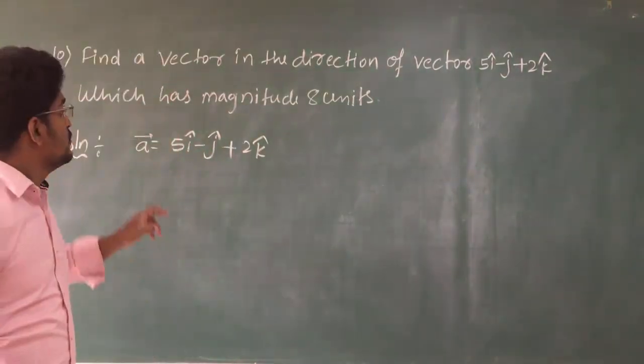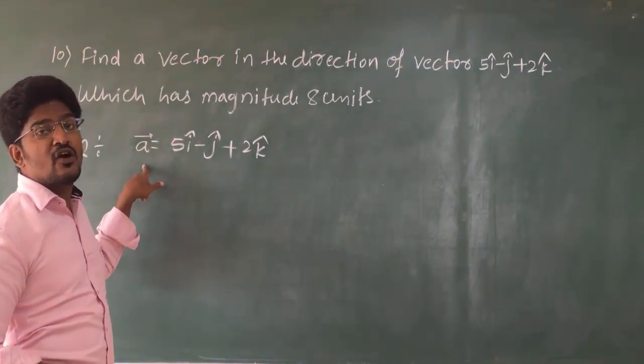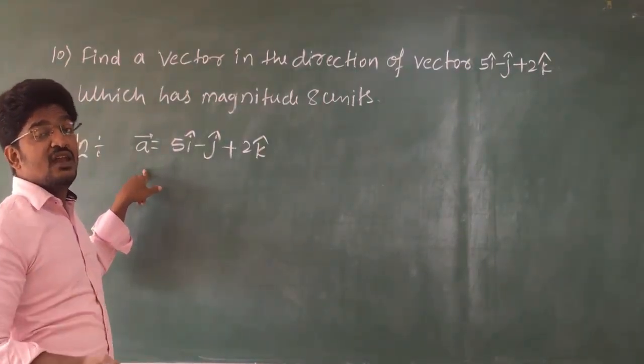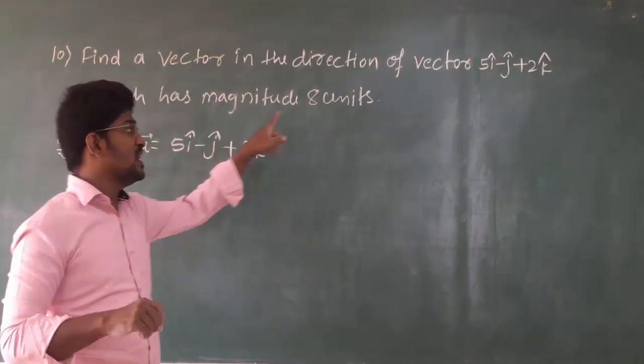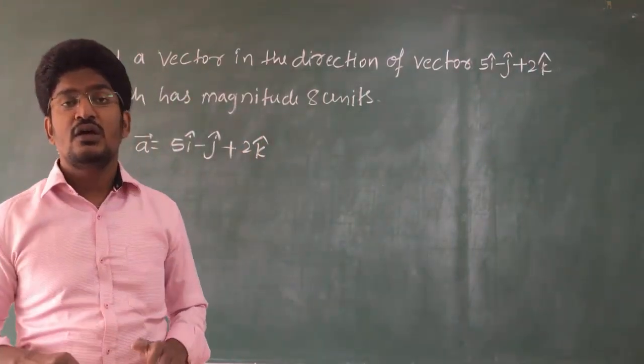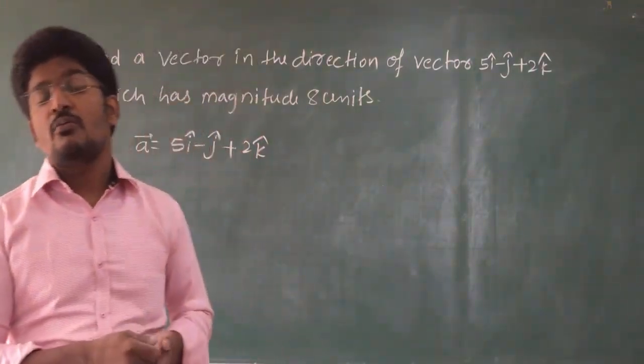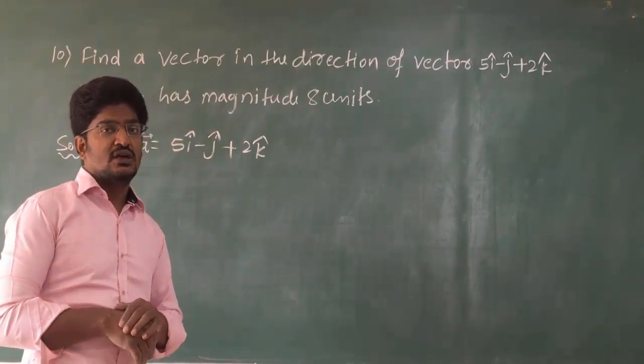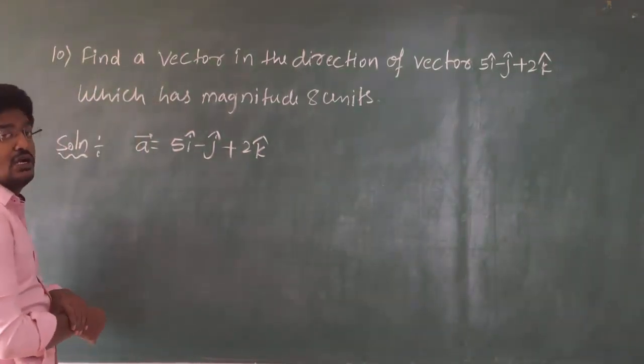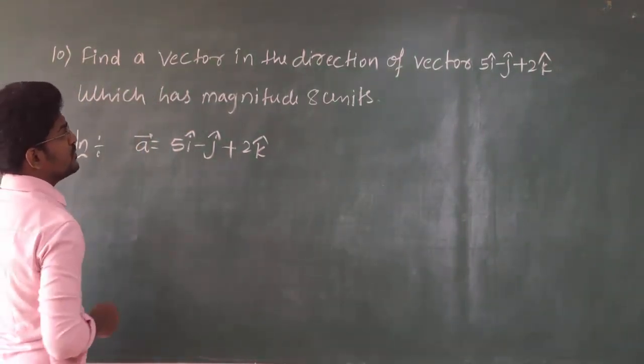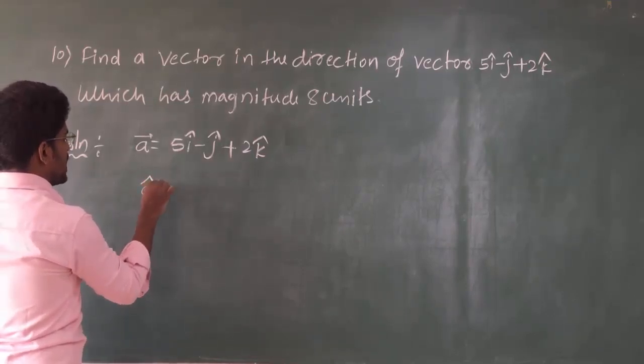That's why first we shall find the unit vector of A. Then if we multiply it with 8 units, it will be the vector with magnitude 8 units. Clear?